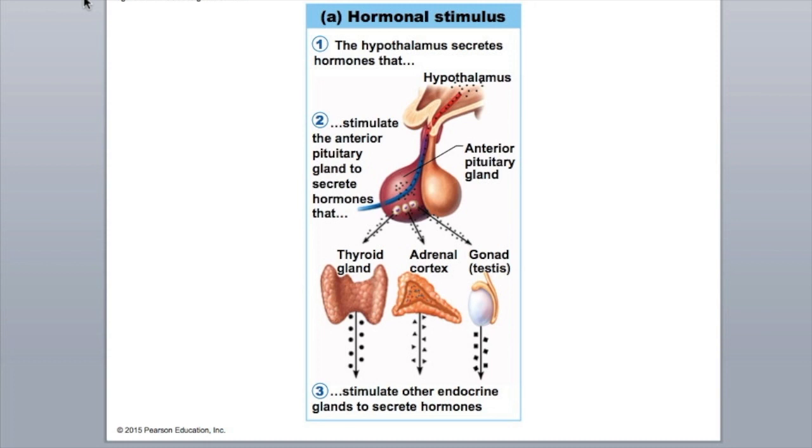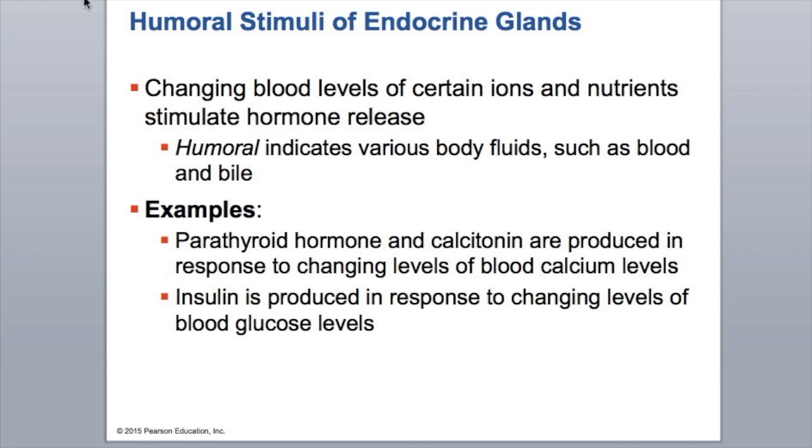That's your hormonal stimulus. You've got your humoral stimulus, and that's the changing blood levels. That's where your calcitonin feedback is happening. So changing blood levels of certain ions or nutrients will stimulate the hormone release. Humoral, looking at the humors of the body in historical medical treatment, are the various body fluids such as blood and bile.